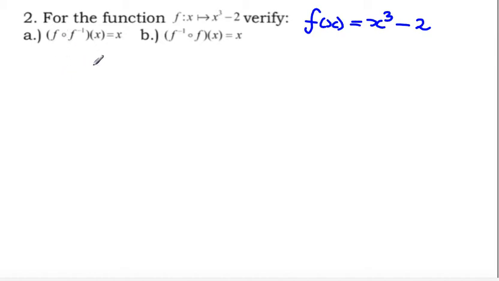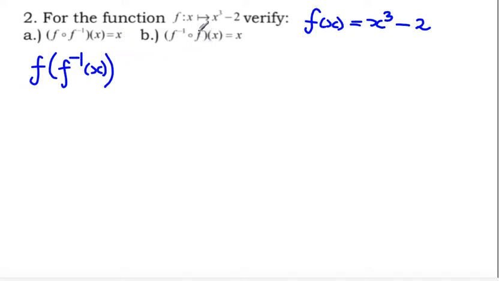So in this case you are asked, is it true that when I do a composition of functions, and I first work out the inverse function f, so by the formula of the inverse of function f, who is the partner that I'm looking for, and then if I continue with function f, will I end up with x again or not?